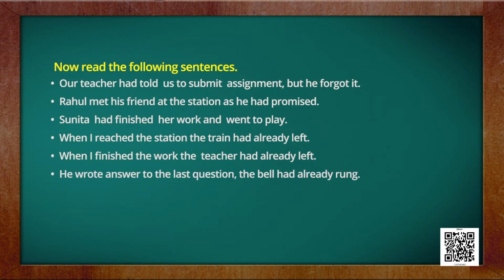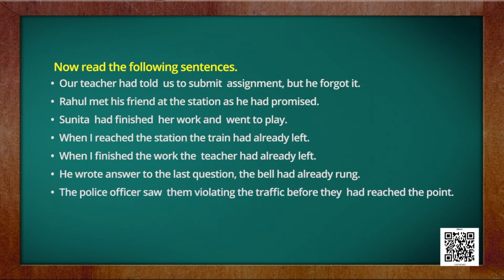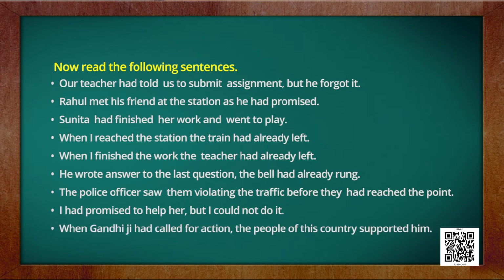He wrote answer to the question. The bell had already rung. The police officer saw them violating the traffic before they had reached the point. I had promised to help her, but I could not do it. When Gandhiji had called for action, the people of this country supported him.